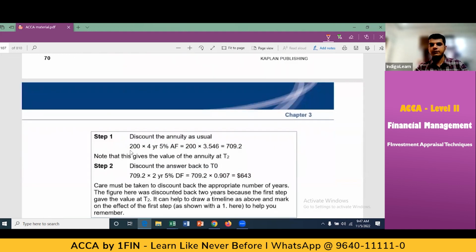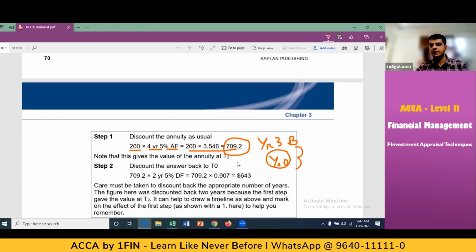So first step is 200, 4 year 5% annuity factor will be put. This amount you got at year 3 beginning. Now you want it at year 0, so 2 times you have to discount. One time you will get year 2 beginning, second time you will get year 1 beginning, that is year 0.